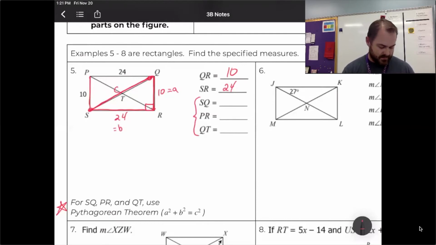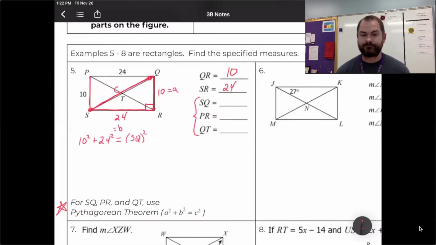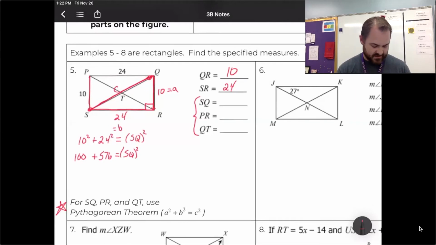A squared, or 10 squared, plus B squared, or 24 squared, equals C squared, or we'll just call that length SQ squared. So I'm going to solve for SQ. 10 squared is 100. 24 squared, when you use your calculator, you'll notice it gives you 576. And so I'm going to add those together now. 100 plus 576 is 676.